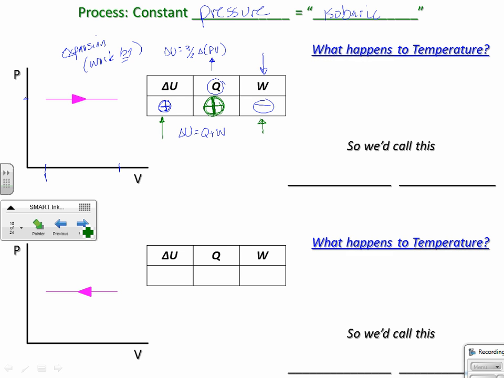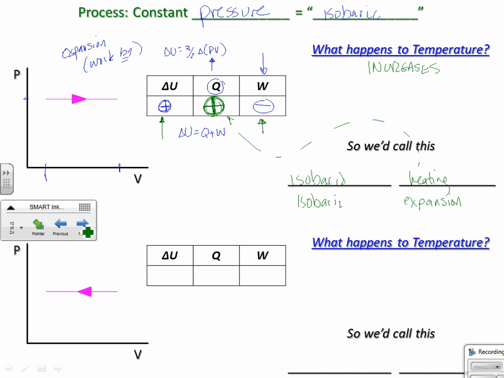What happens to temperature? It increases. I'd call this an isobaric heating. You could also call it an isobaric expansion. Nothing wrong with that. Expansion because the volume increases. Heating because energy is added.